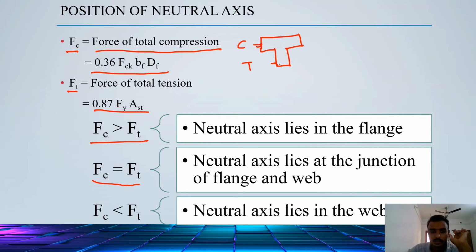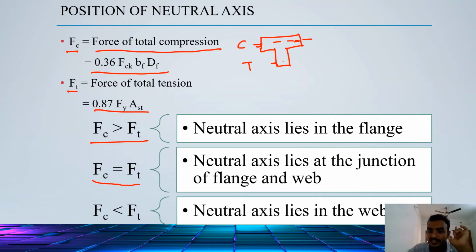So if compression force is more than tension force, then the neutral axis lies in the flange, since the flange is on the top. The neutral axis is attracted toward the larger force.